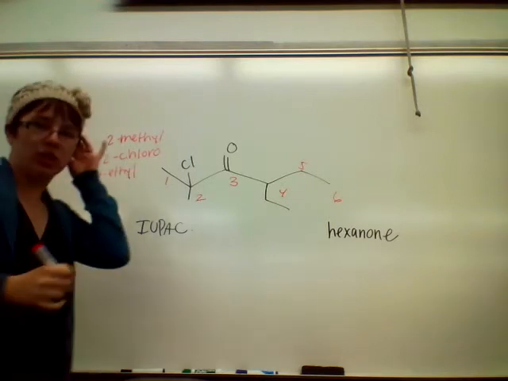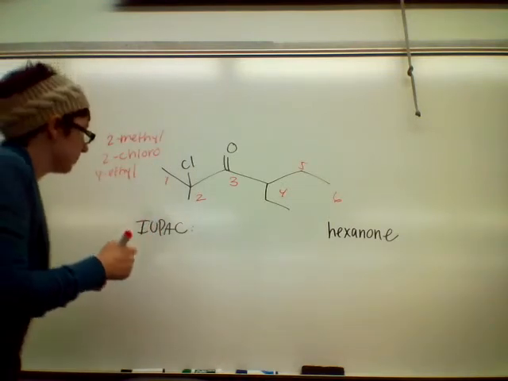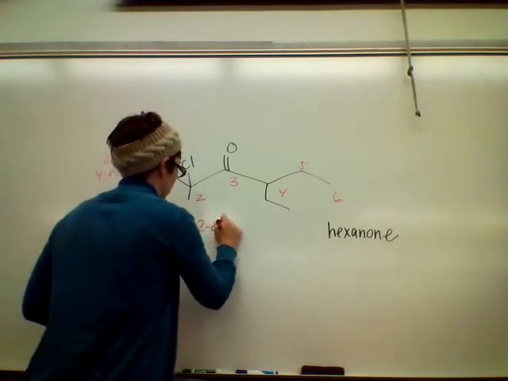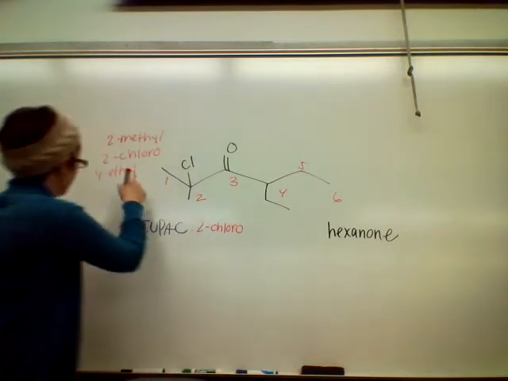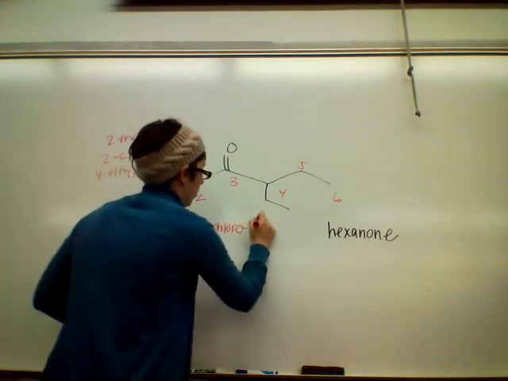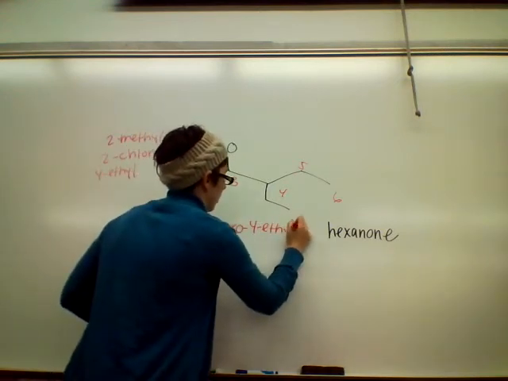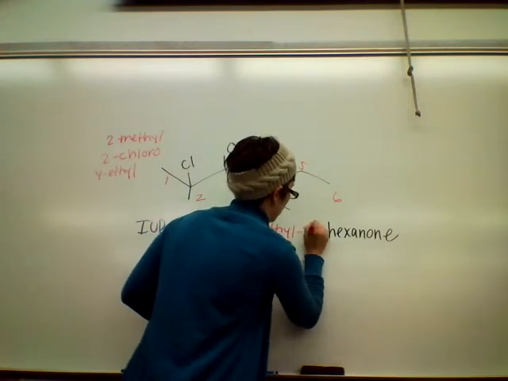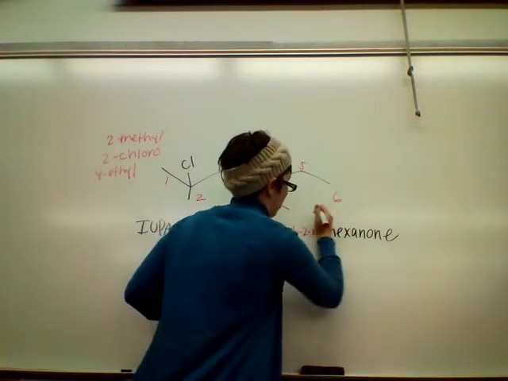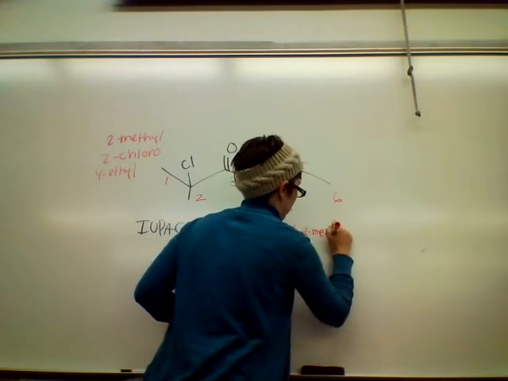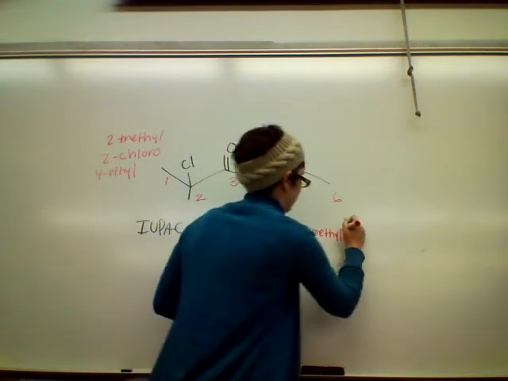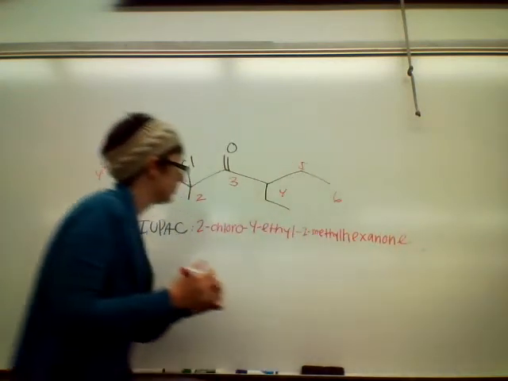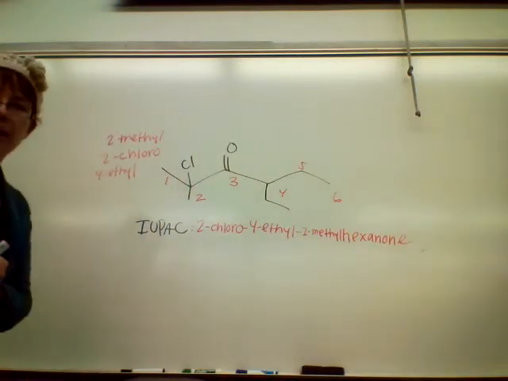So now we just need to alphabetize these. So we will say 2-chloro, 4-ethyl, 2-methyl hexanone. And that's how you name this in IUPAC.